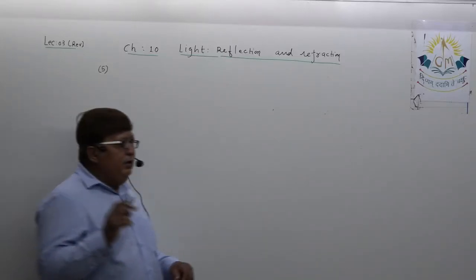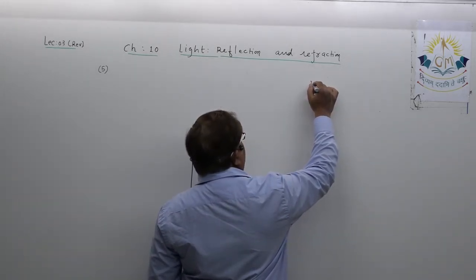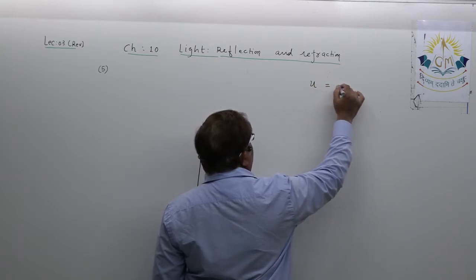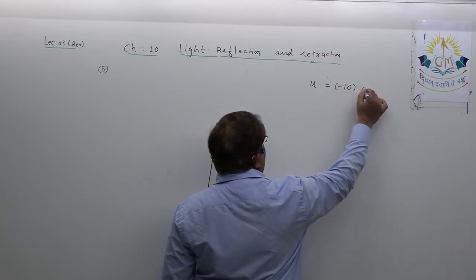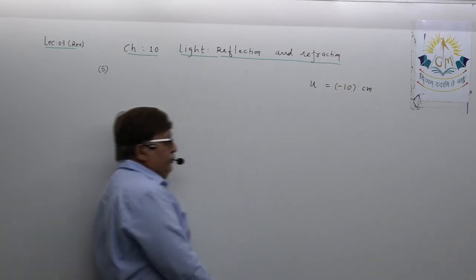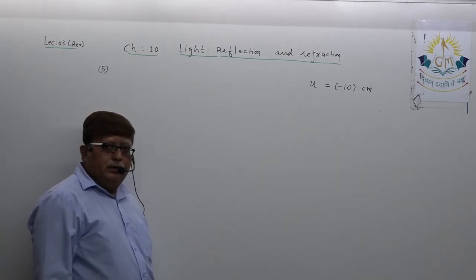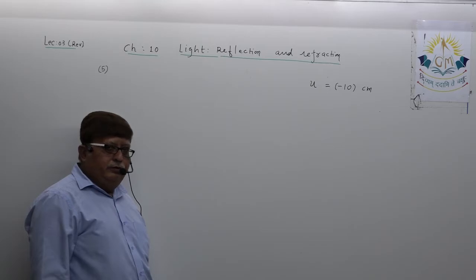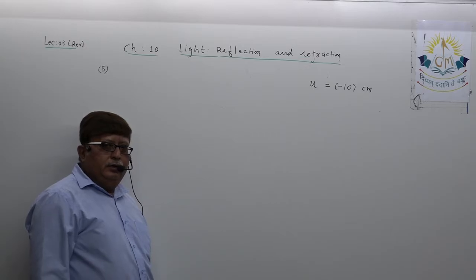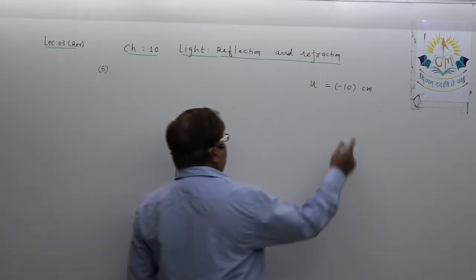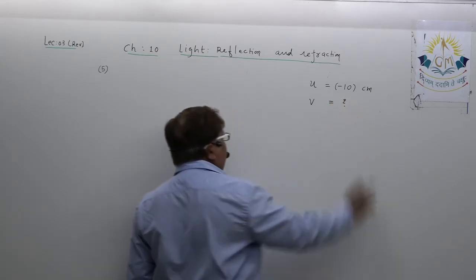Actually, they have told us that the object distance has been given to you: minus 10 centimeter. Object distance is given. You are asked to find the position of the image. So obviously that is what you are looking for.